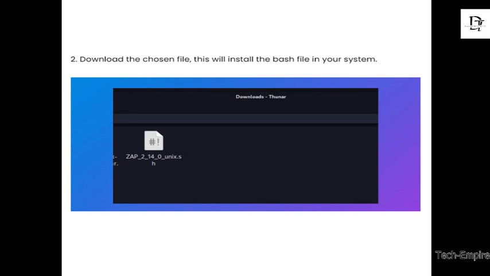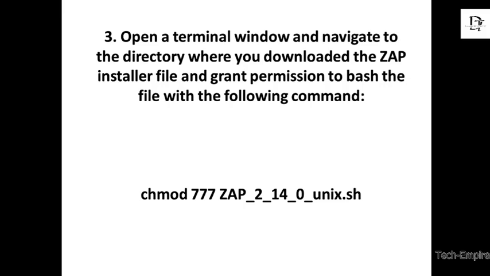After that, your download must have been saved in your download directory, after you have waited for some minutes, depending on the internet speed. So after this stage, the third stage is to open a terminal like I've done.